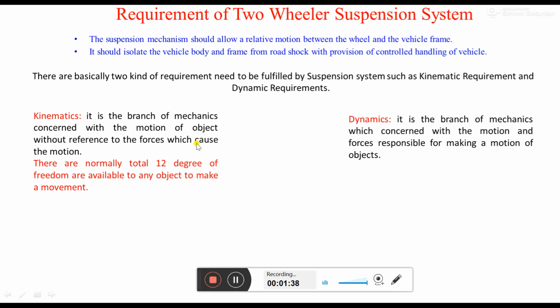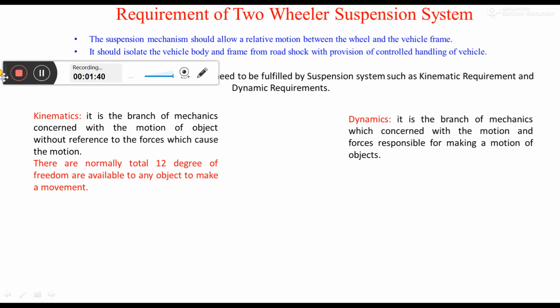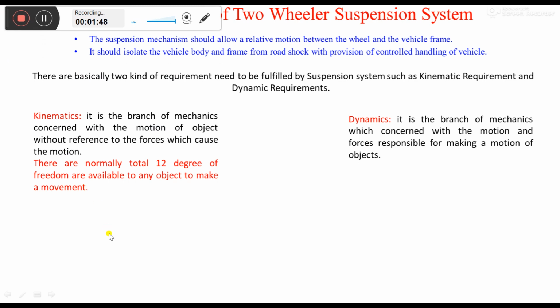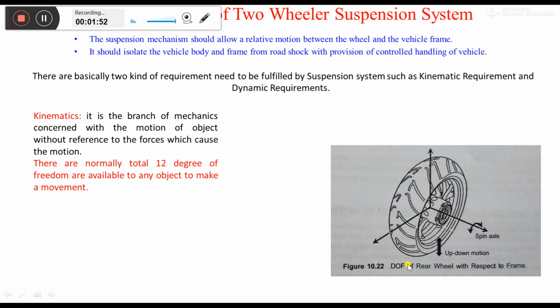There are in total 12 degrees of freedom, or 12 directions, in which the motion of the object or the vehicle is possible. The first are the angular movements: clockwise and anti-clockwise movement about the x-axis, clockwise and anti-clockwise movement about the y-axis, and clockwise and anti-clockwise angular movement about the z-axis.